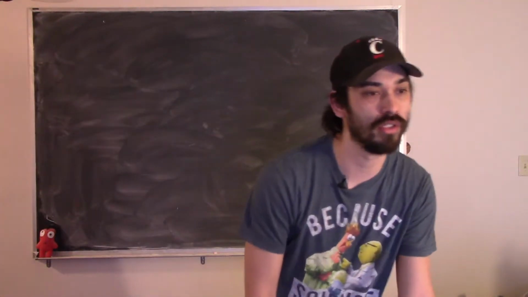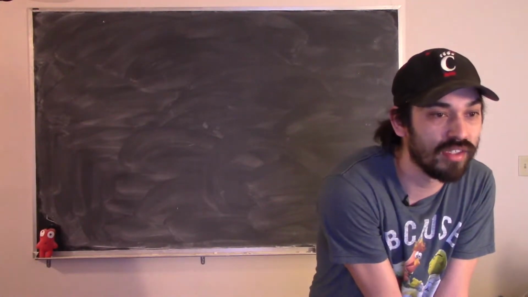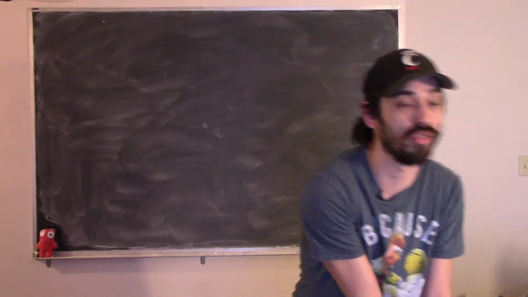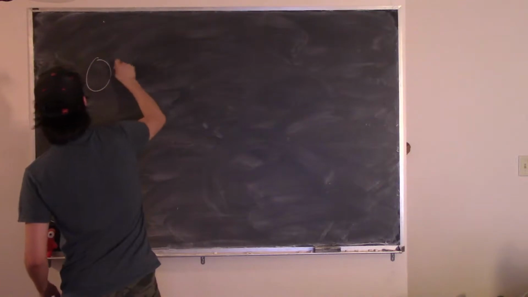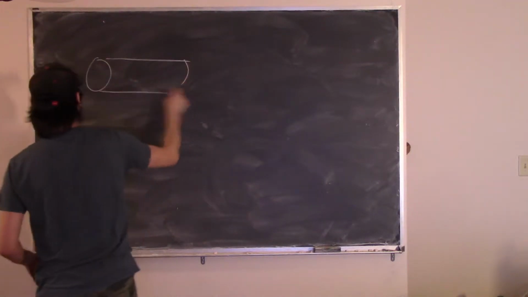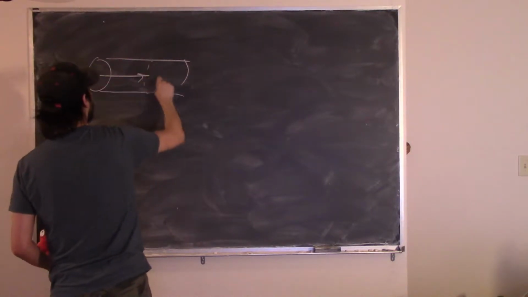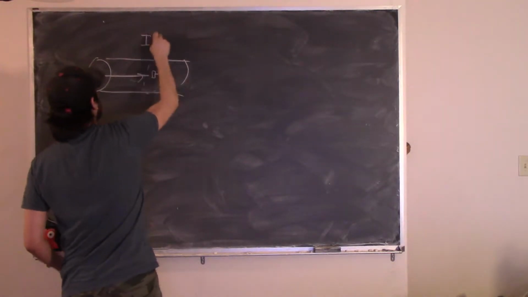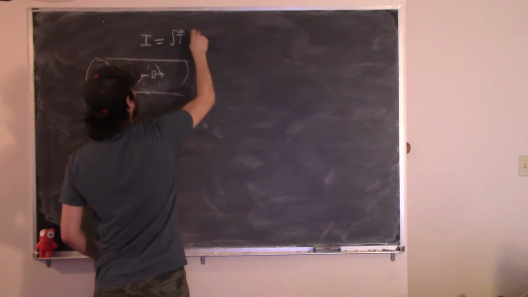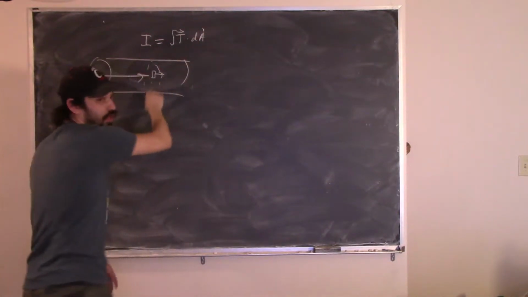So Emily has a question. If the current was flowing through the sides instead of the radial, the area would be the cross-sectional area. Yes, exactly. So if instead the current was flowing from left to right, then the area that this is going through, when I do I is equal to the integral of j dot dA, is just the cross-sectional area.